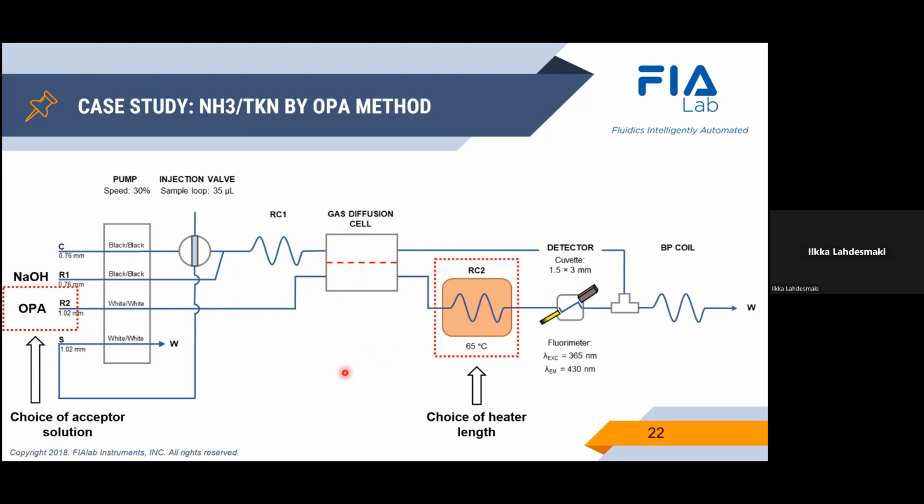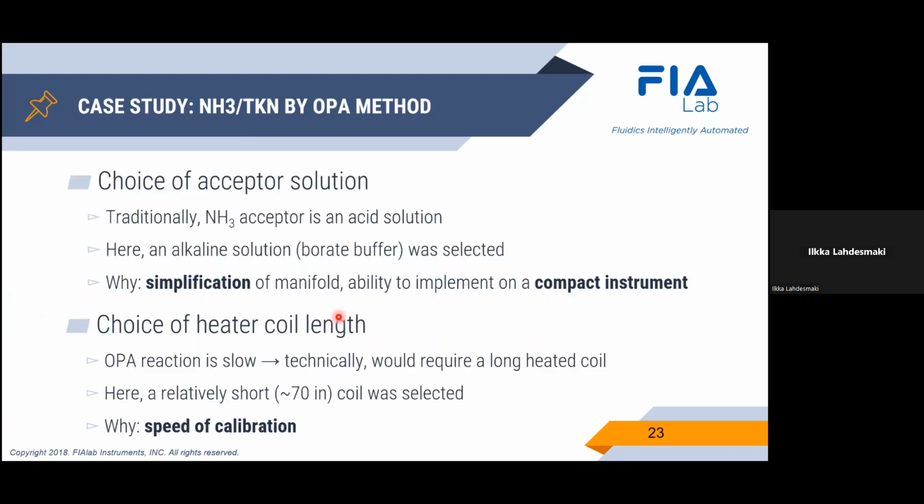The two aspects that I wanted to discuss for instrument design are the choice of heater length on the flow-through heater, and then the choice of acceptor solution for the gas diffusion block. So let's first take a look at the choice of the acceptor solution.